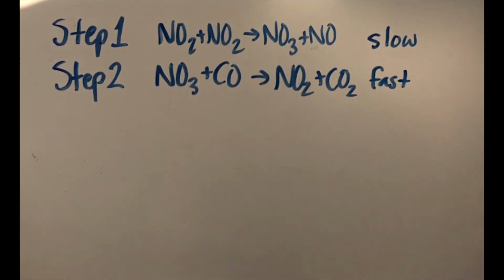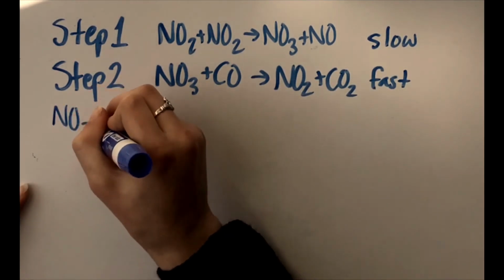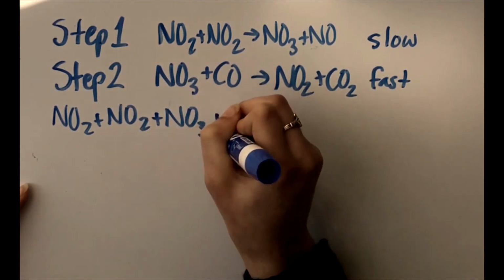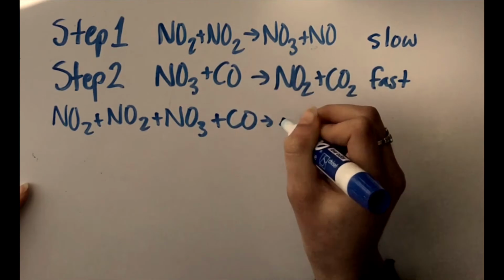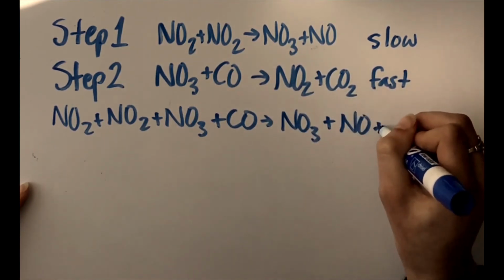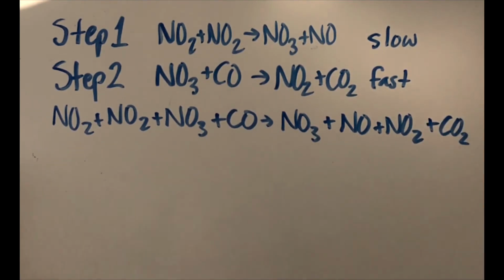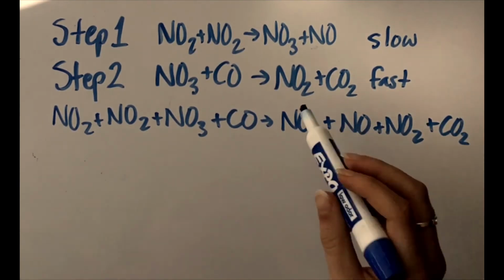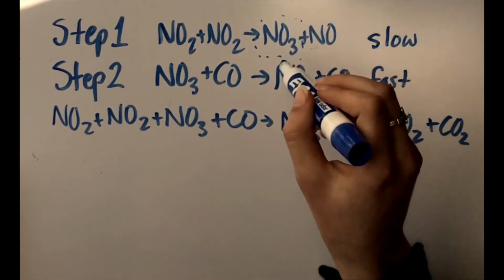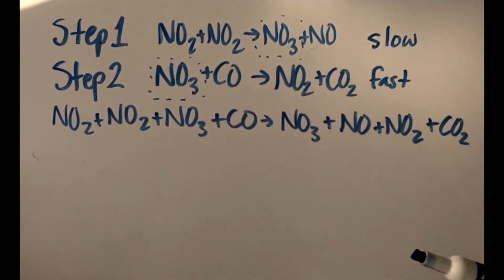So, to find the overall equation, all we're going to do is add these steps together. That's going to give us NO2 plus NO2 plus NO3 plus CO yields NO3 plus NO plus NO2 plus CO2. So we can also see by looking at these reactions the NO3 is made here in the products of the first elementary step and then used again immediately as a reactant in the second elementary step.